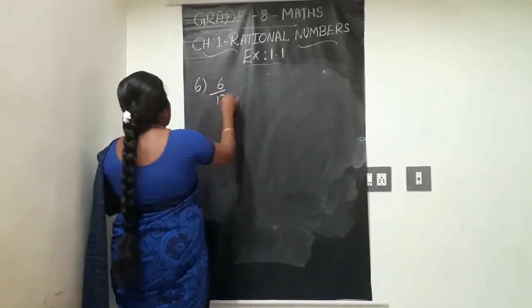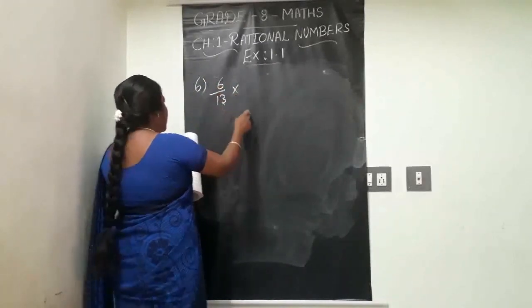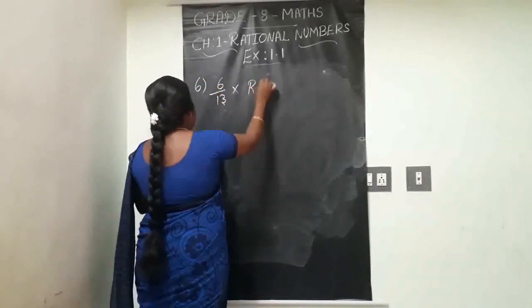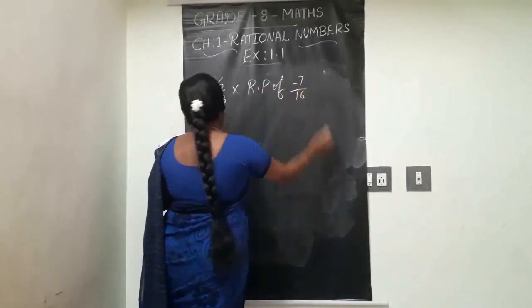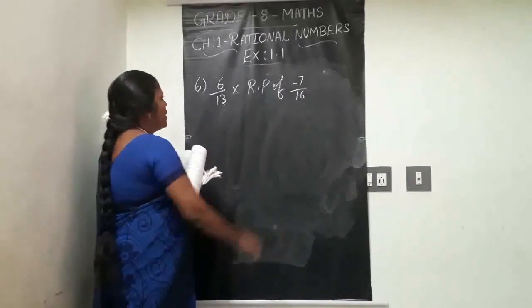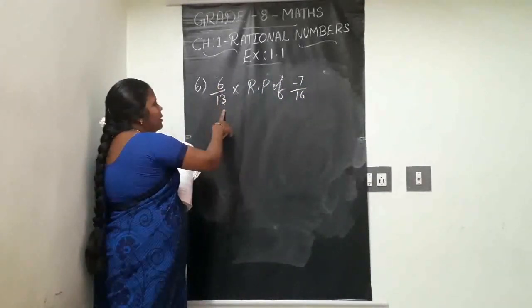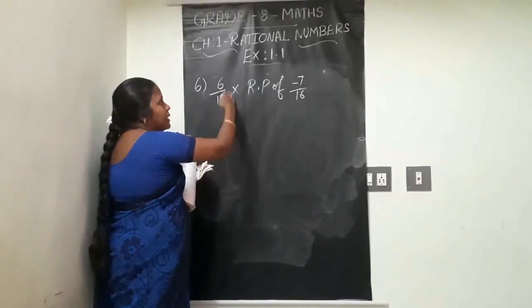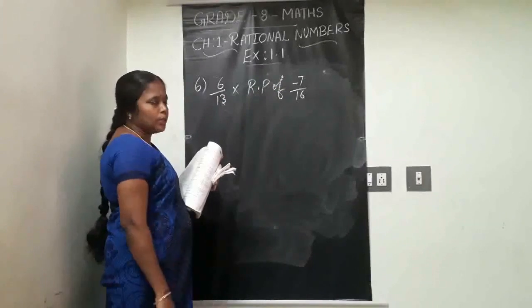Multiply 6 by 13 by the reciprocal of minus 7 by 16. This is the question. Multiply 6 by 13 by which? By the reciprocal of minus 7 by 16. What to do?